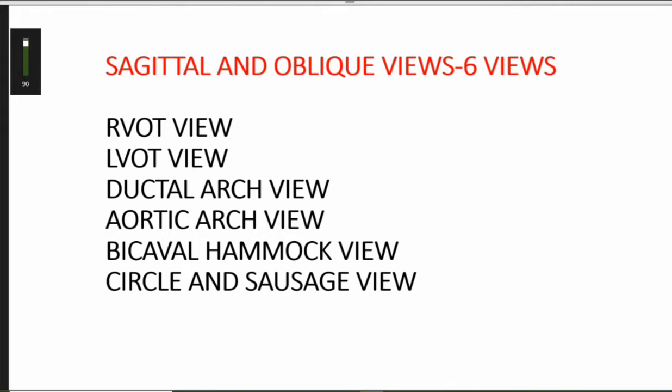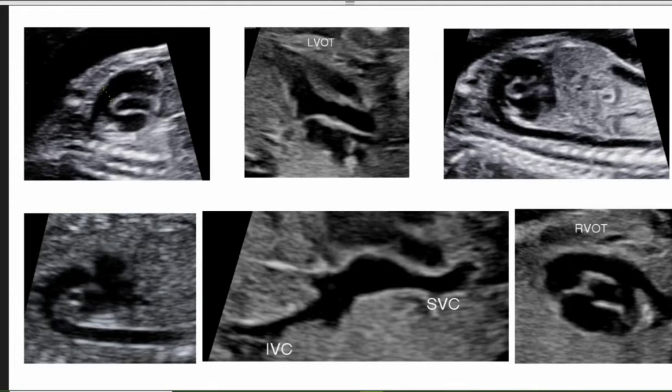Then we have 6 sagittal and oblique views. Right ventricular outflow tract view, left ventricular outflow tract view, ductal arch view, aortic arch view, bicaval hammock view, and right ventricular short axis view. Now it looks a little difficult, isn't it? But let us see the pictures and it will be easy for you.